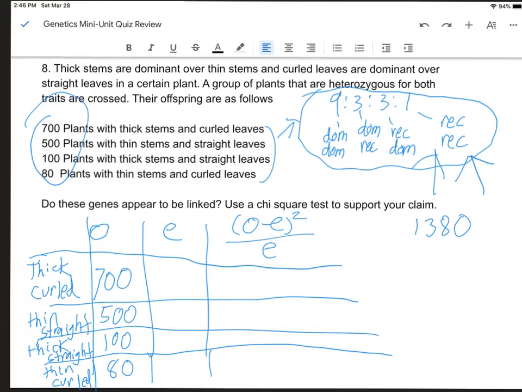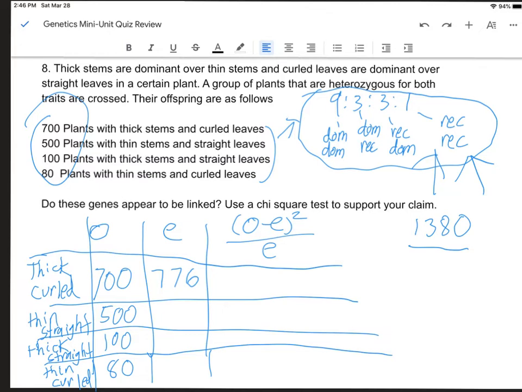So I'm going to take 9 divided by 16 and then times my 1,380 total plants, and I get 776 expected for the thick stems and curled leaves.